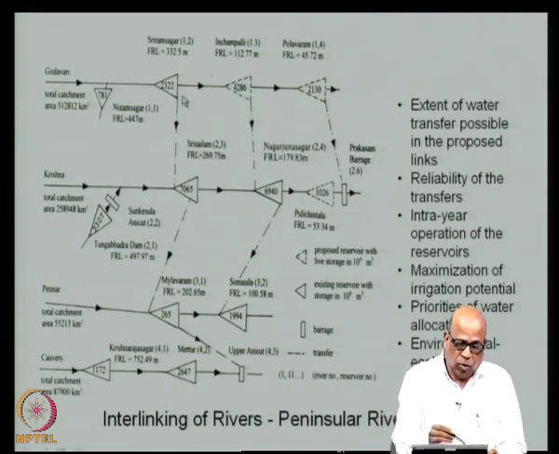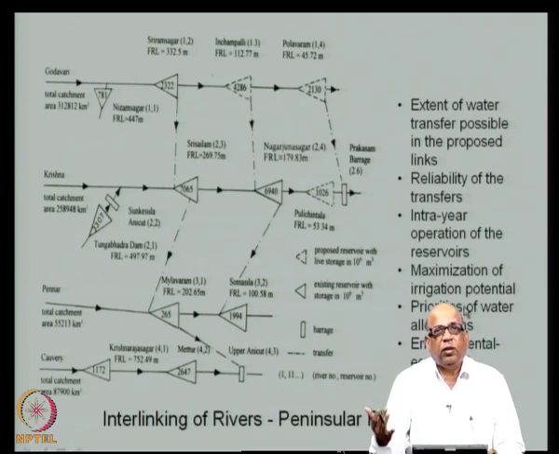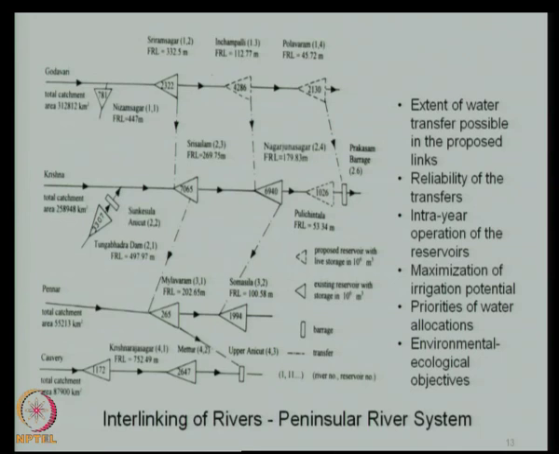Then we also look at, if we build this interlinking system, what kind of irrigation potential you can cater to, how you can maximize the irrigation potential, and so on. Then we keep in mind the priority of water allocations. As I said just now, you may have priority for water allocation in its own basin of Godavari vis-a-vis the basin of Krishna, Pennar, Kaveri, and so on. So, we may have priorities on usage at various locations, usage for various purposes such as agriculture, hydropower, flood control, and so on.